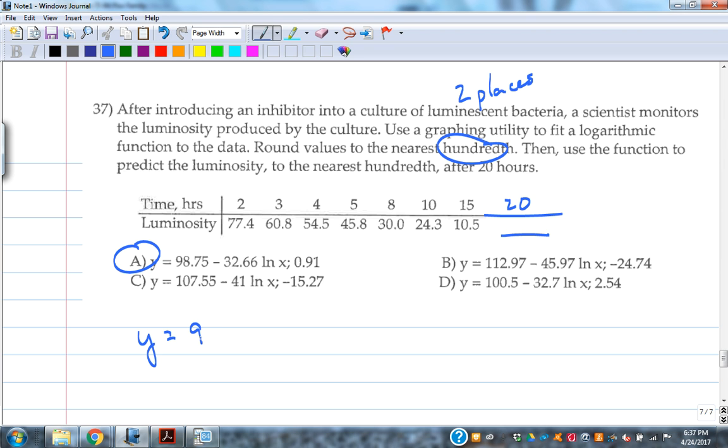Now, if by chance on the final, maybe they don't have the equation written there, they just have the 0.91 written there. How do you get that number? What you do is you plug in 20 for x.